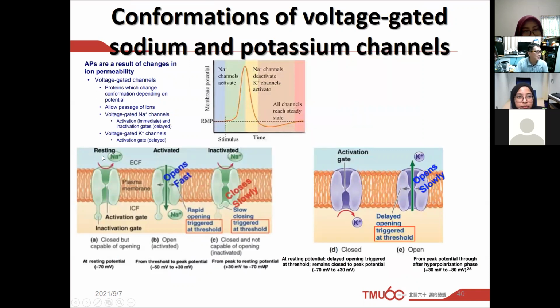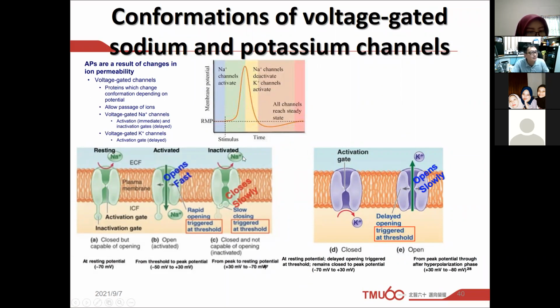That's the slide I just mentioned. In the resting state, the sodium does not get into the channel, right? After receiving the signal, the ion channel will change conformation, open up, and sodium ions go into the cytoplasm. Later on it closes with a delay.